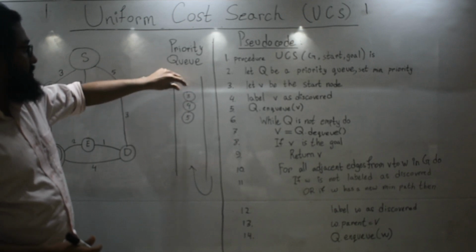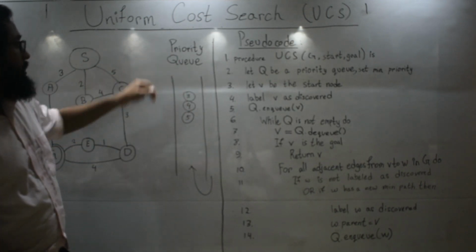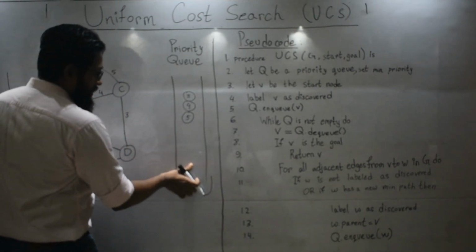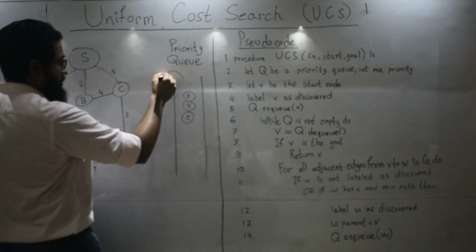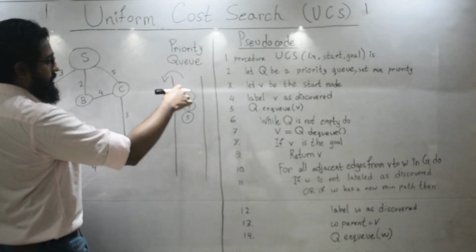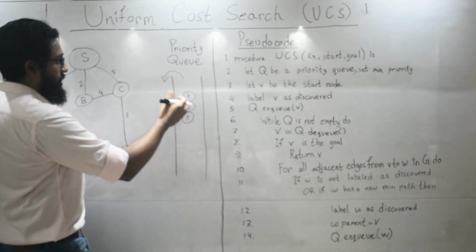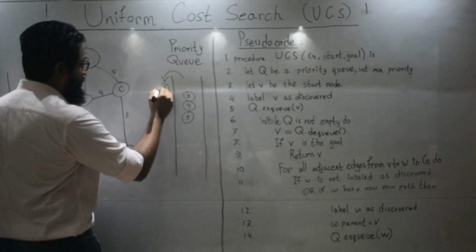After that, if you want to take objects out of your queue, you would use the operation dequeue. It will dequeue according to the order on your queue. So at first it will dequeue 3.